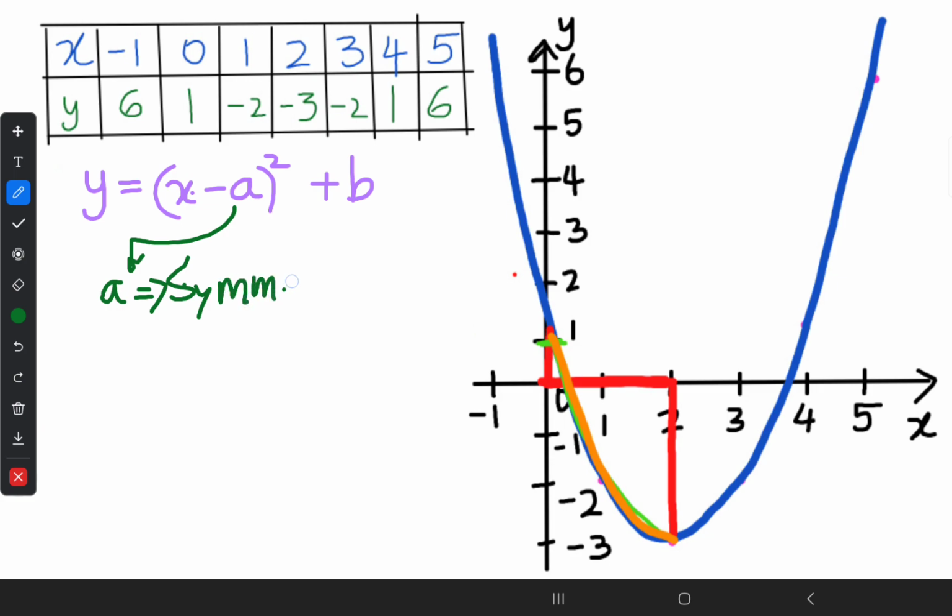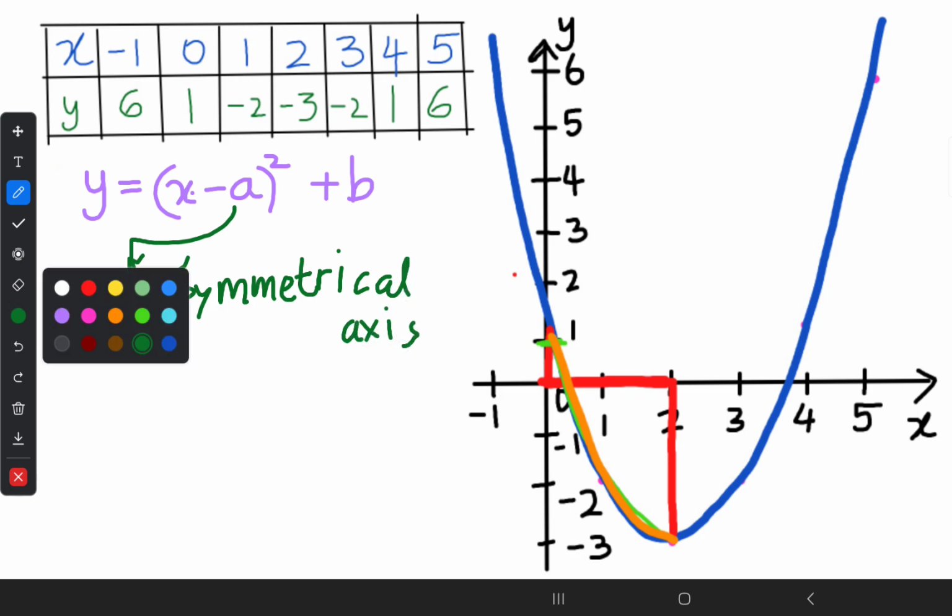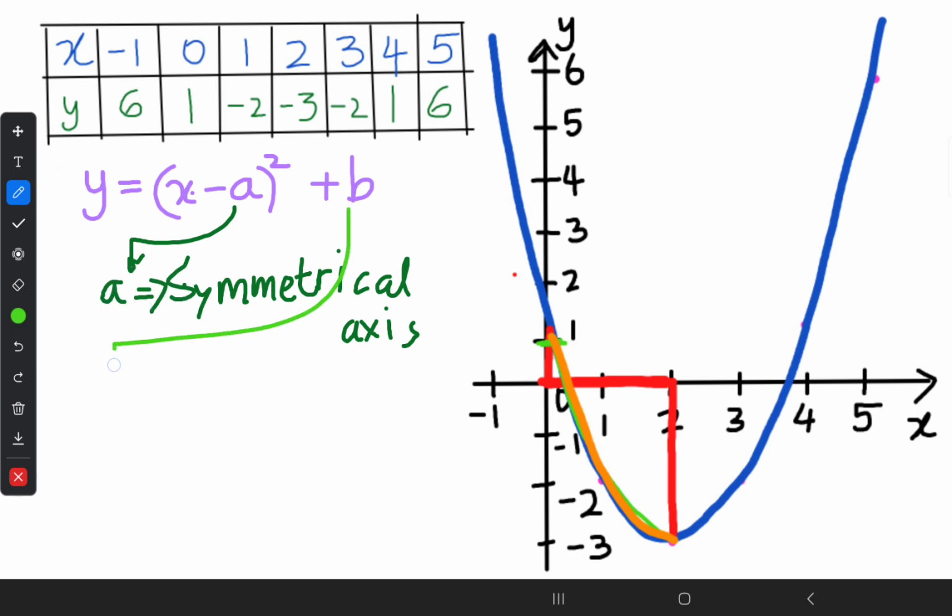Let's find them in detail. This is a very important one, the symmetrical axis. And B is denoted by the least point. B is indicating, if it is a negative parabola, the least point.